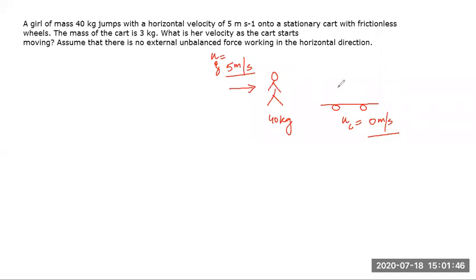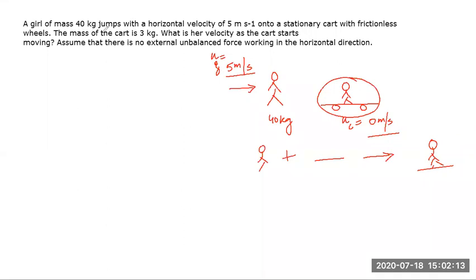But as the girl comes on this, now this becomes a system. Initially, the system was the girl plus cart. But after the impact, the girl and the cart together become a system, because the girl does not get off the cart. She's there on the cart, and the cart starts moving with some velocity.